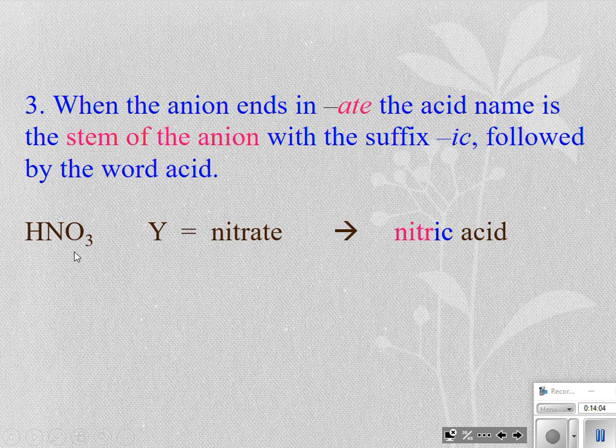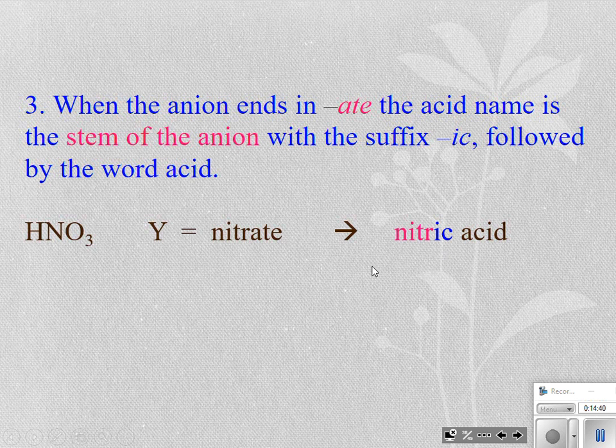I remember this because I have a little saying: I see 1 or 3. If I see IC, it's either rule number 1 or rule number 3. If I don't see an IC, it's rule number 2. I see a 1 or a 3.